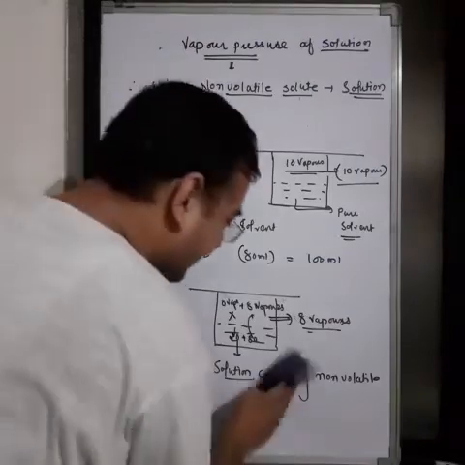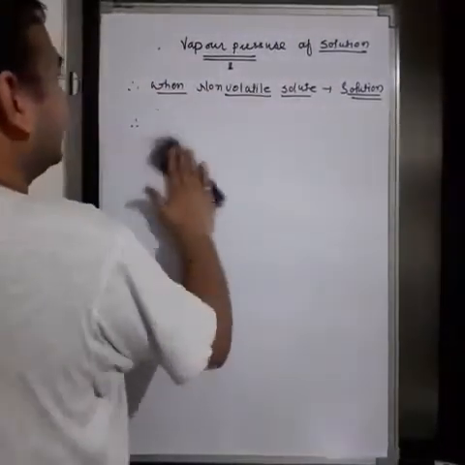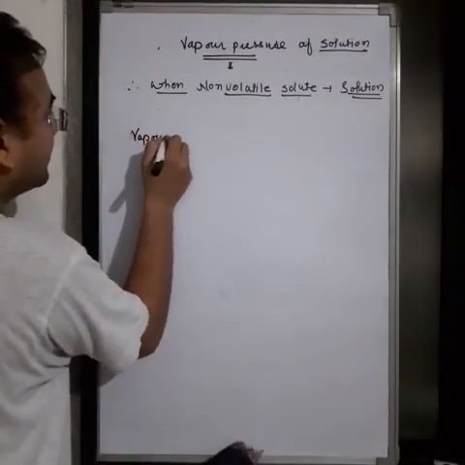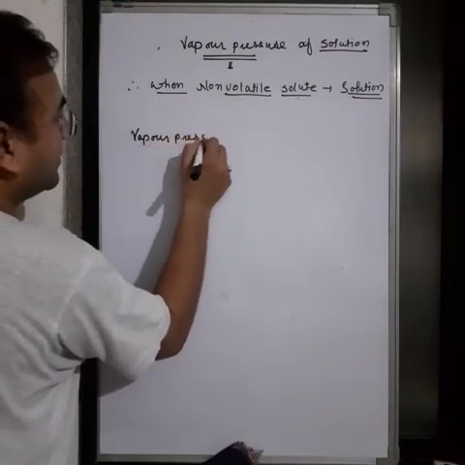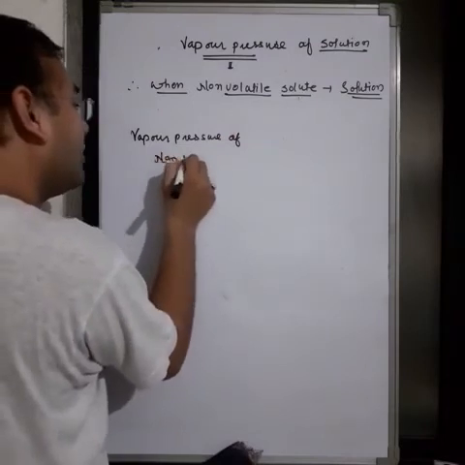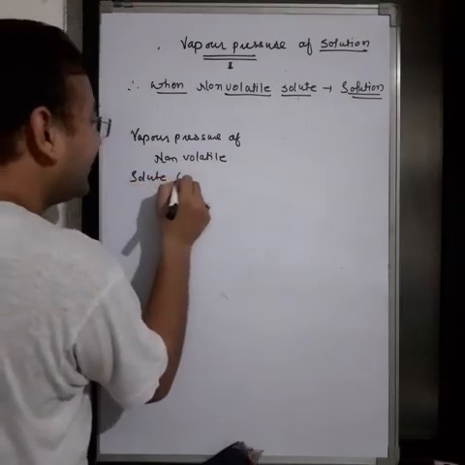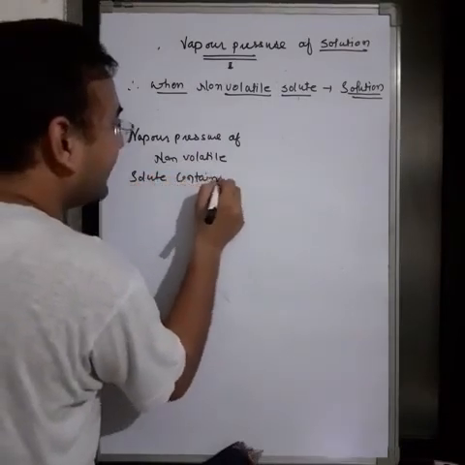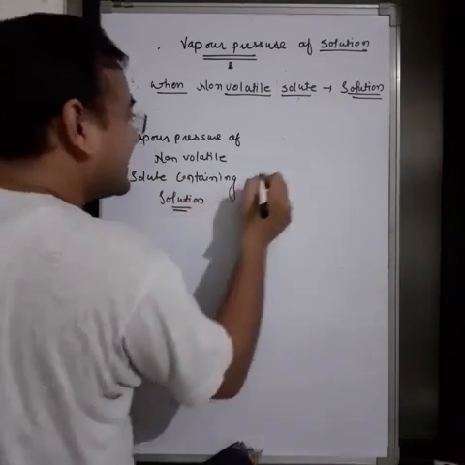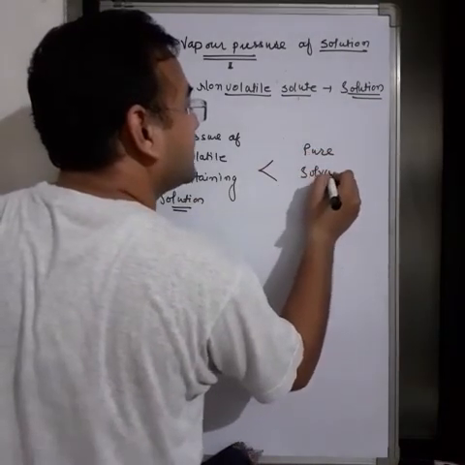So we can write: vapor pressure of non-volatile solute containing solution is less than pure solvent.